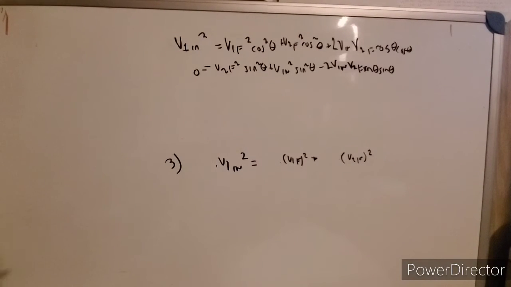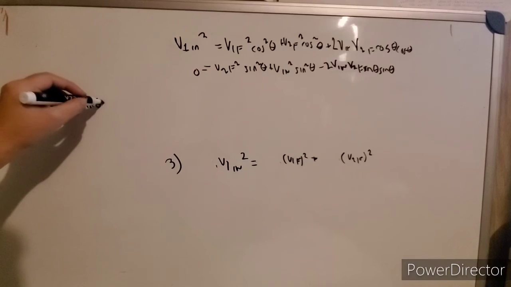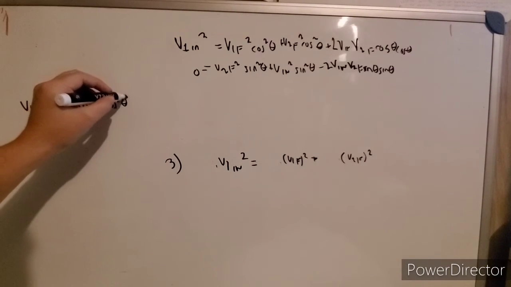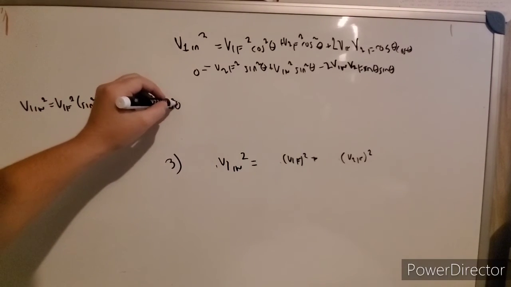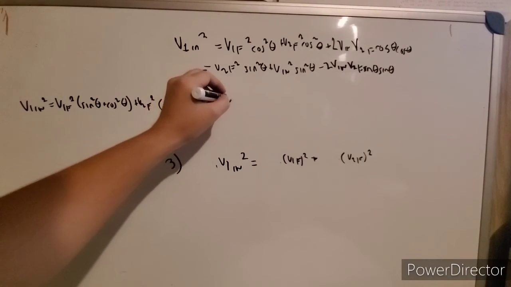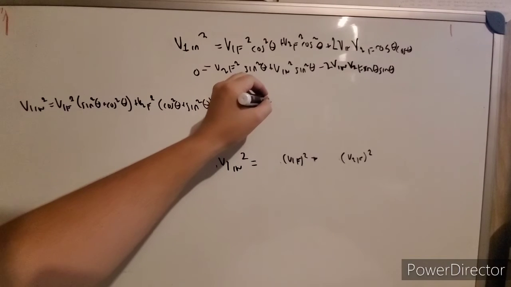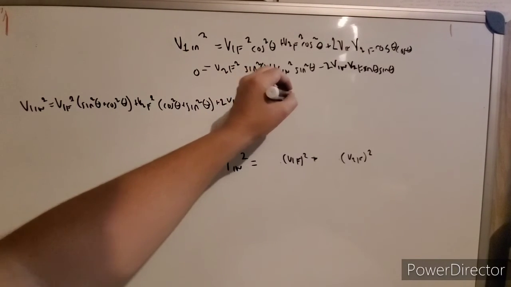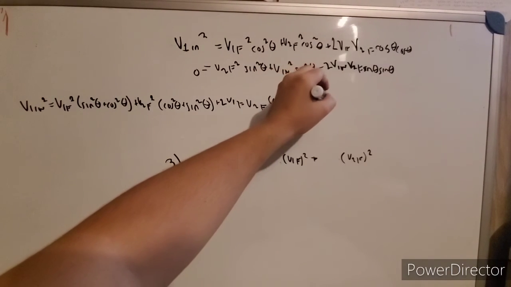We're going to get v1 initial squared is equal to v1 final squared, and then we have sine squared theta plus cosine squared theta, plus v2 final squared, and then cosine squared theta plus sine squared theta, plus 2 v1 final and then v2 final, then we have cosine theta cosine theta minus sine theta sine theta.